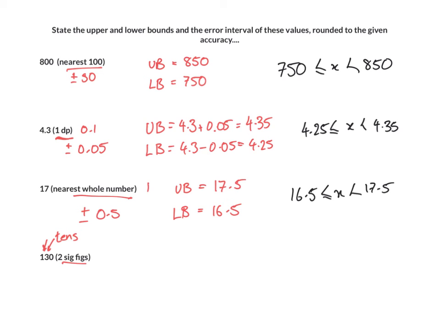So although it's 2 significant figures, our answer is to the nearest 10. So here we're going to add and subtract half of that. We're going to add and subtract 5. And so our upper bound is 130 plus 5. And our lower bound is 130 minus 5. And again, we can write that as an inequality.